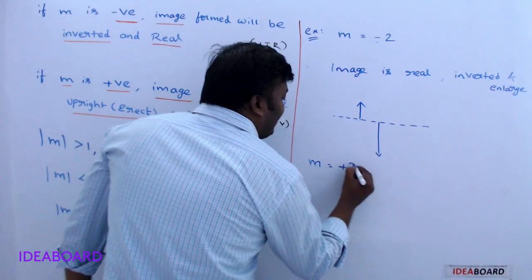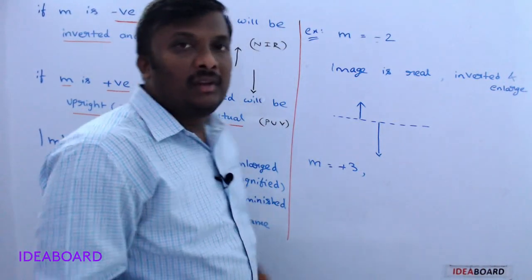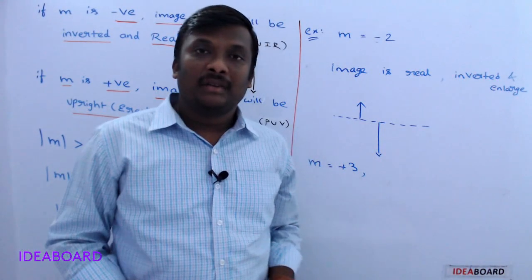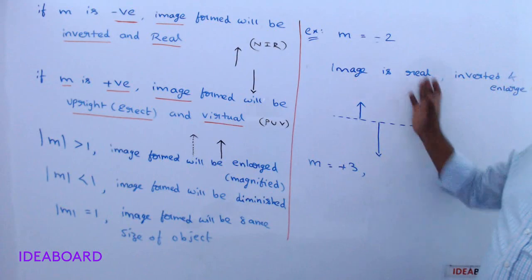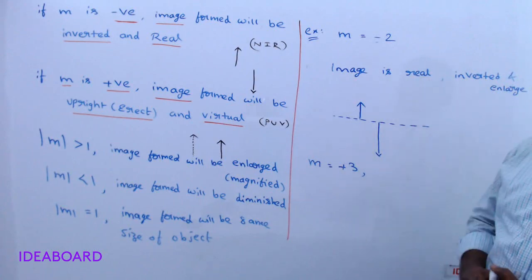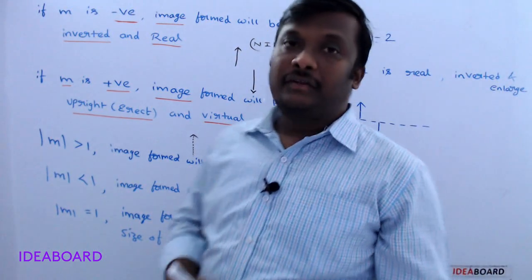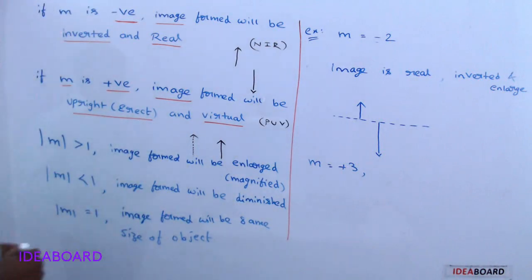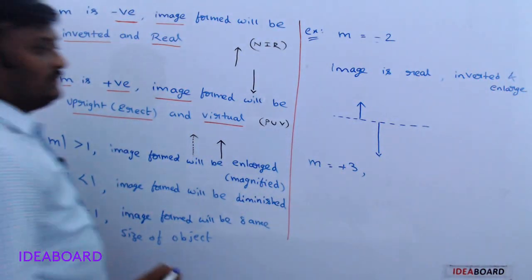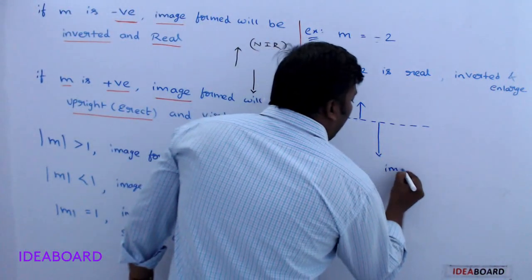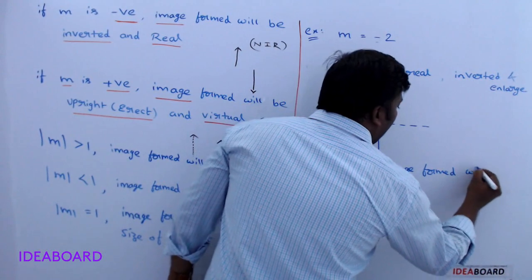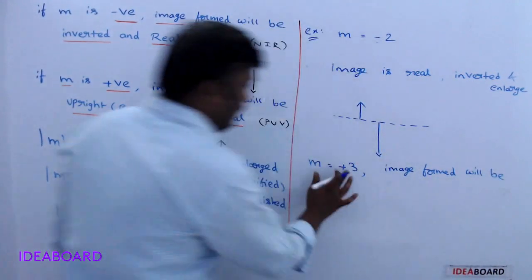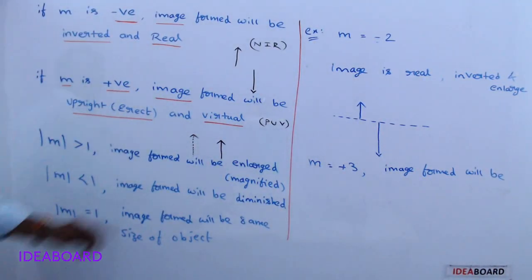Now see another example. M is equal to plus 3. Pause the video and try to find the characteristics of the image. Is it over? Then the image formed will be, plus: what is the meaning of plus?